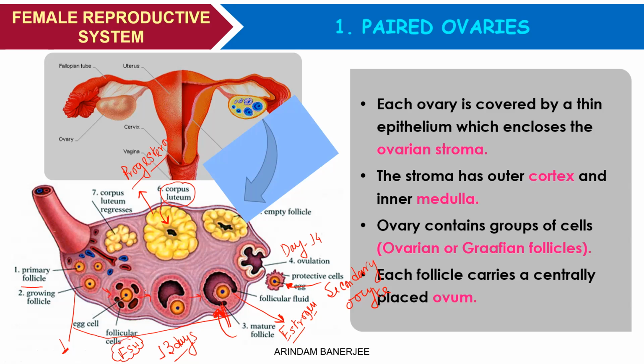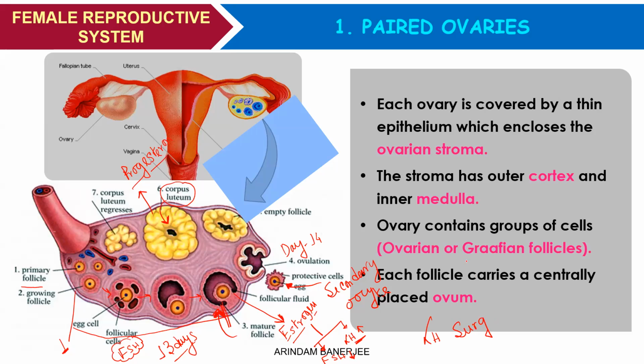As the mature Graafian follicle forms, it releases estrogen. Estrogen has two functions: it increases the luteinizing hormone value and decreases the FSH ratio. As the LH amount is high in the body, this is known as the LH surge.